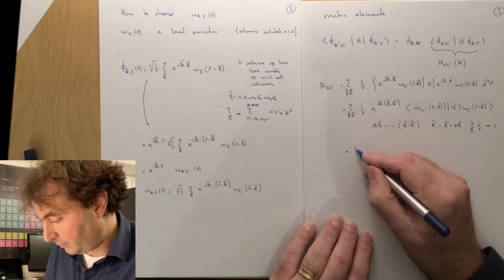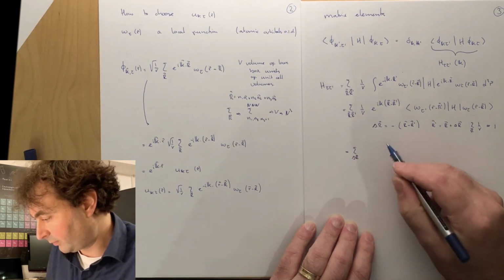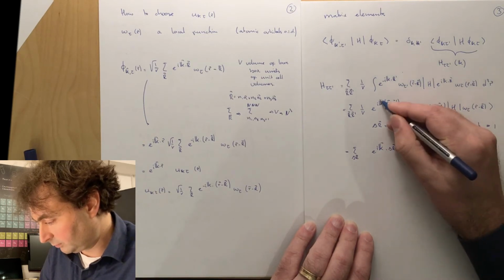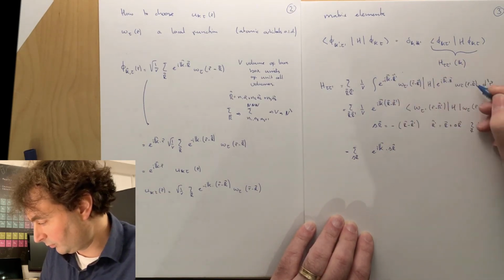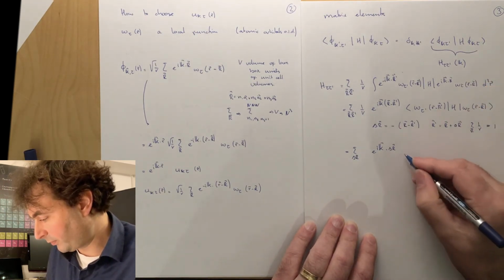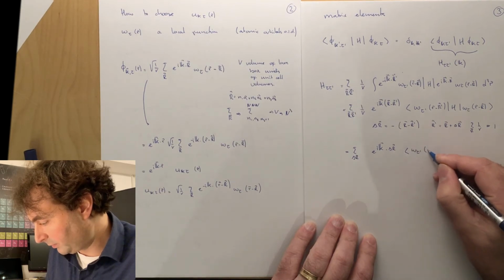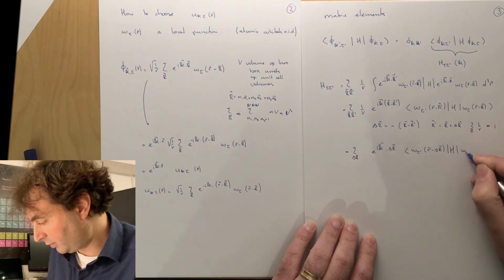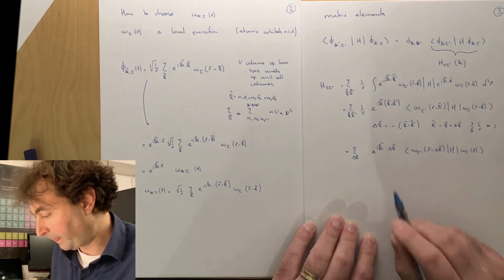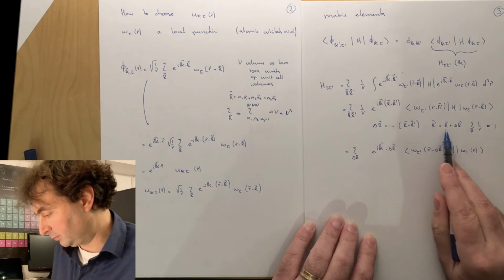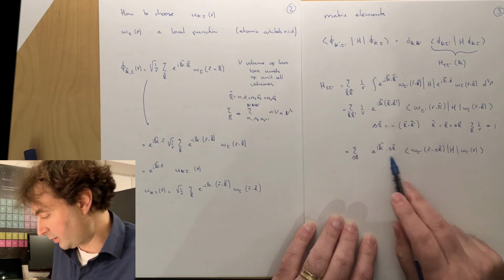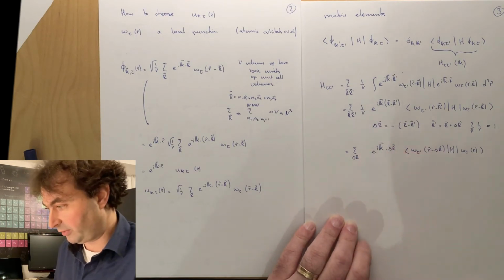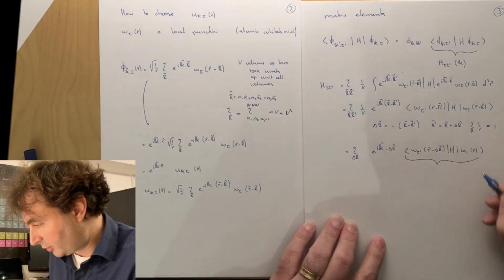With this, I have a sum over delta r, e to the i k dot delta r from the first, then omega tau prime (r minus delta r) H omega tau (r), and the sum over r plus r prime has no coordinate there anymore, so it's a sum of 1 over V, which is exactly 1, so the 1 over V is absorbed in the second sum.